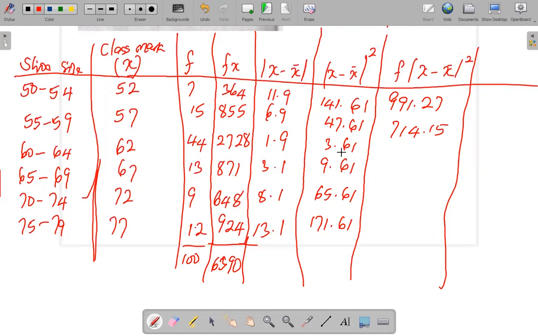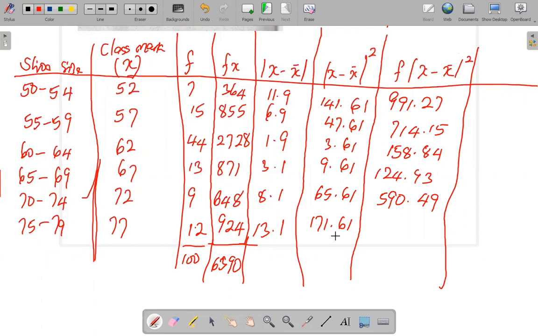Then 44 times 3.61 is 158.84. Then 13 times 9.61 is 124.93. 9 times 65.61 is 590.49.